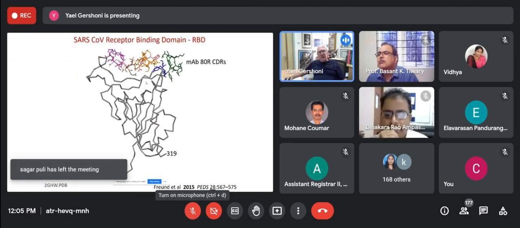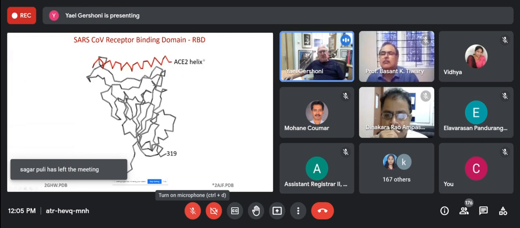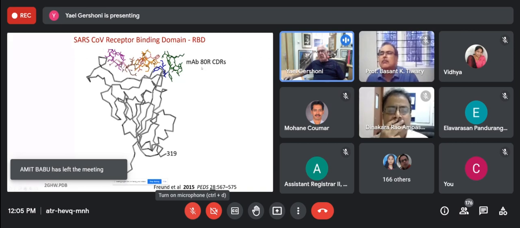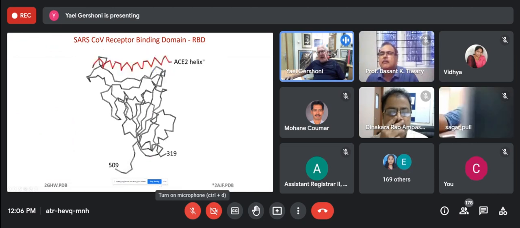And the reason is, if you look, here is, and I got ahead of myself, excuse me, if this is ACE2, we do know that neutralizing monoclonal antibodies, in this case ADR, which was developed by Wayne Marasco and Jianhua Xui, the CDR loops bind, as you can see, exactly to the same surface.